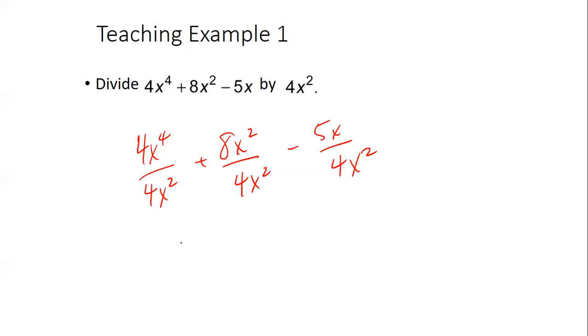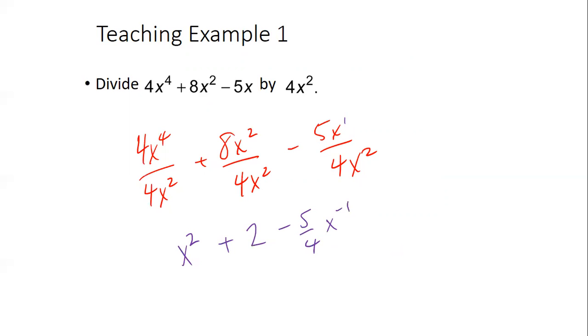4 divided by 4 is 1. 4 minus 2 is 2, so x squared. 8 divided by 4 is 2, and 2 minus 2 is 0, which is 1. And then we have 5 divided by 4, which is 5 over 4. And what is 1 minus 2? Negative 1. Okay. So if we were to write it in terms of division, this is what it would look like.